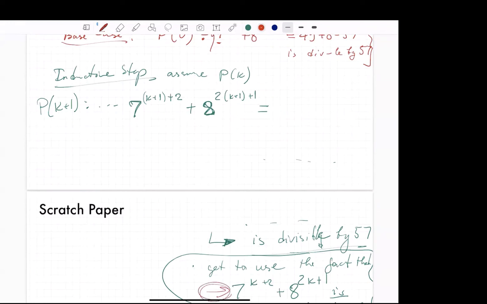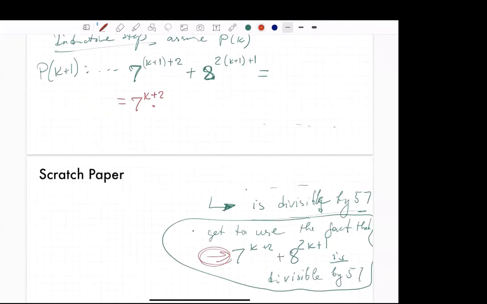So let me rewrite, because I get to use the inductive hypothesis. I want to isolate pieces. Do you agree that this is 7 to the k plus 2 times 7, the first piece? And do you agree that this is the same as 8 to the 2k plus 1 plus 6 times 64? Yep, right, by algebra.